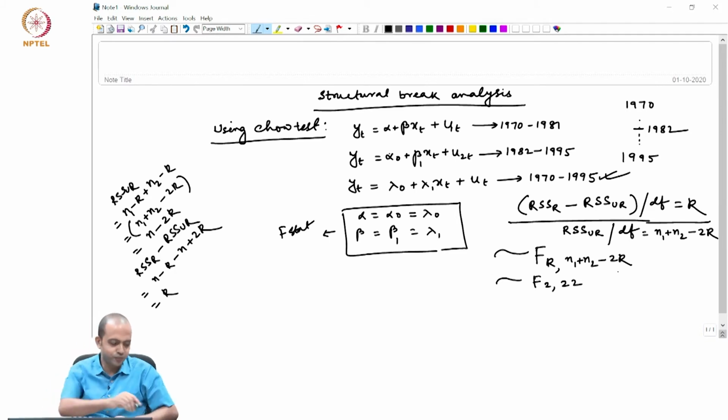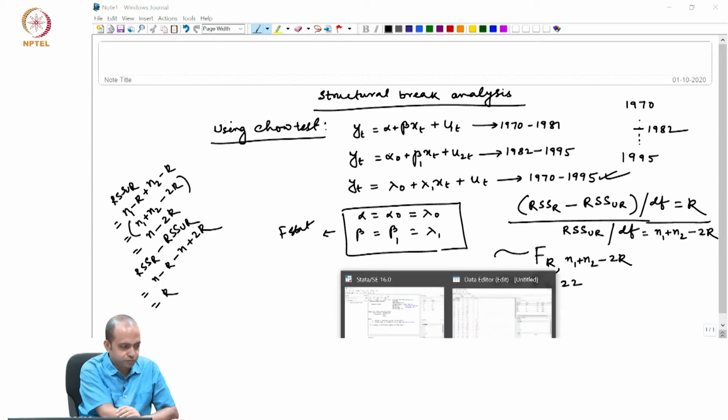So, we will quickly estimate the two models. We will go to the data set once again.